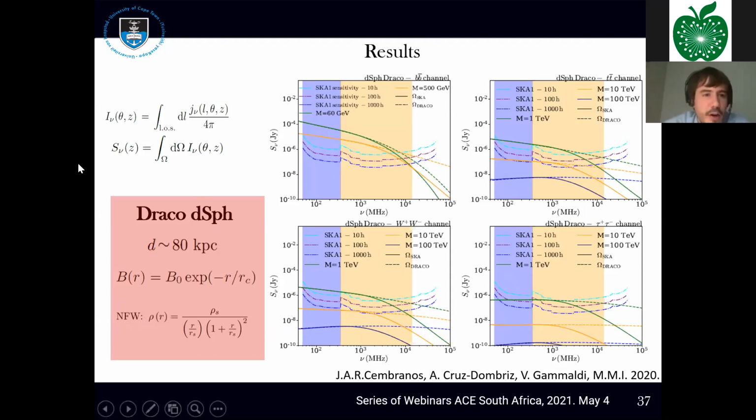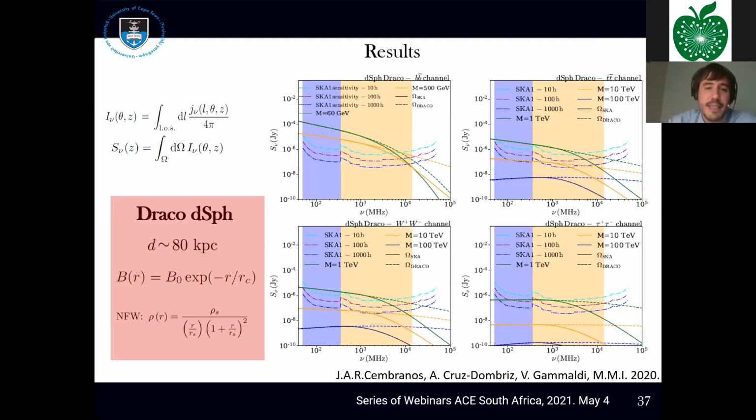So we calculated this quantity here. We didn't focus on the annihilation of dark matter in the Milky Way, but on dwarf spheroidals. Why dwarf spheroidals? Basically because we wanted to control the background of our galaxy. We expect low background in dwarf spheroidals, so we focused on that.